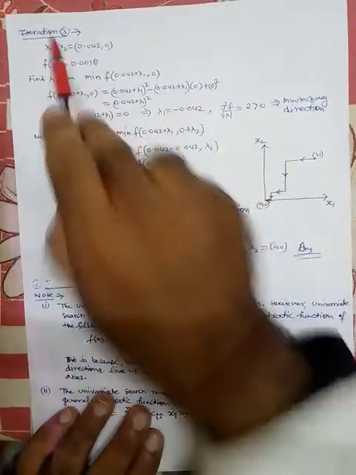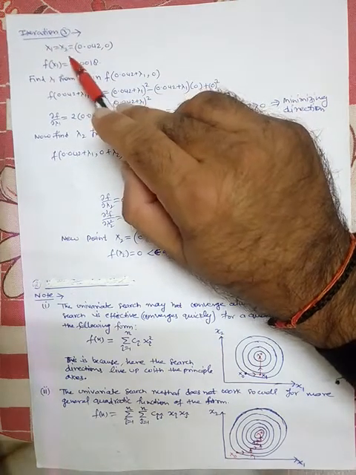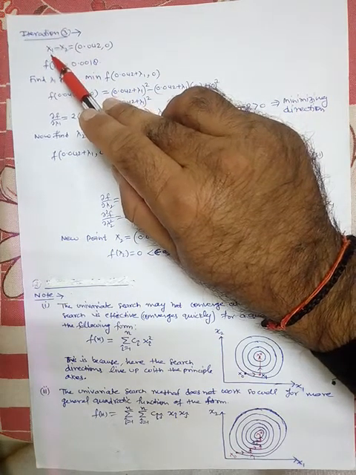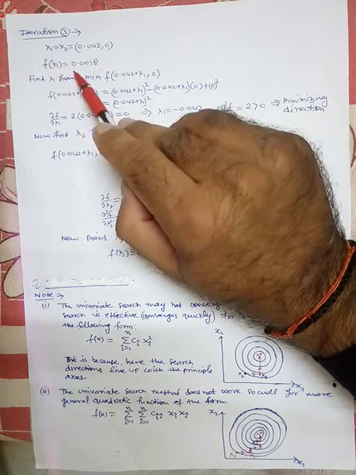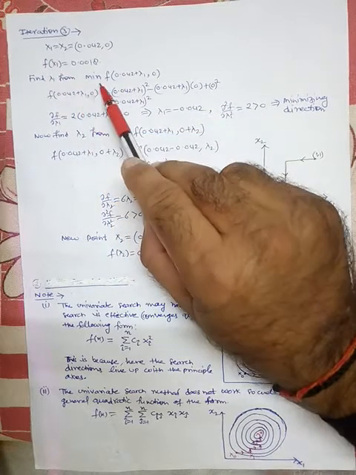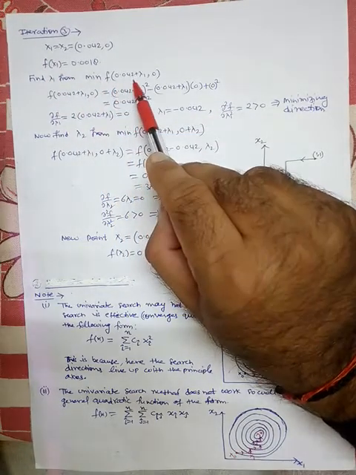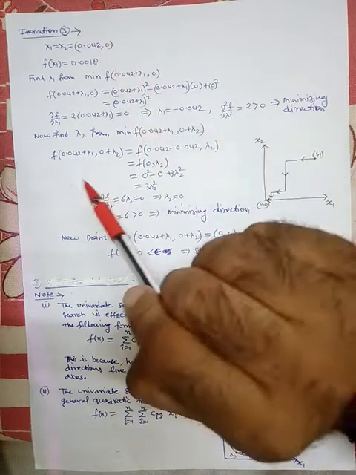iteration number 3. Again reallocate this x2 as x1. So x1 is equal to x2, which is 0.042 and 0. So f of x1 is 0.0018. Now find lambda 1 from the minimum of f of 0.042 plus lambda 1 and 0, where x2 is constant.